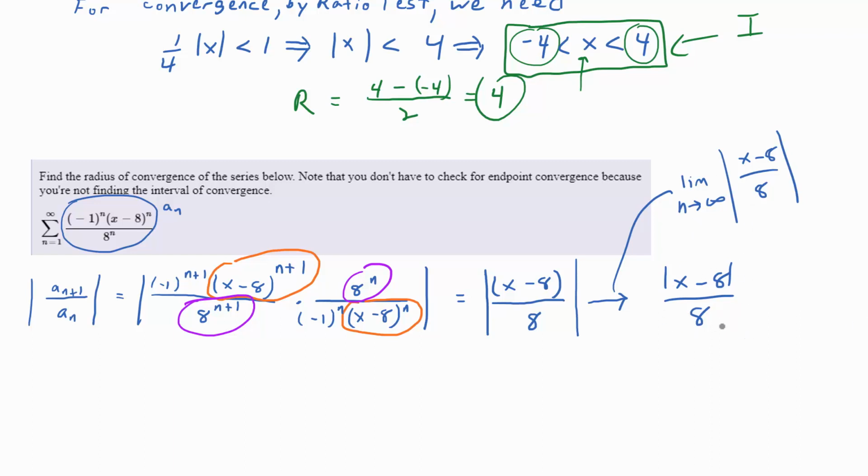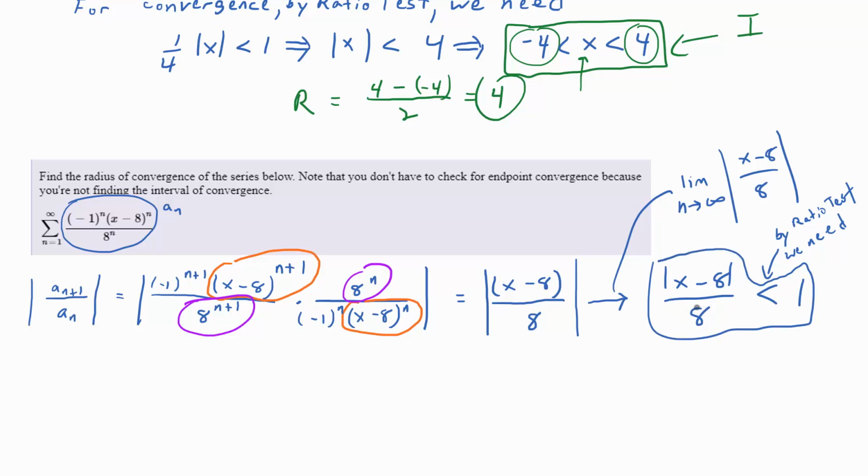Okay, what do we need? We need that to be less than 1 by ratio test. By ratio test, for convergence, we need that guy to be less than 1. Okay, how do you solve this sort of inequality?